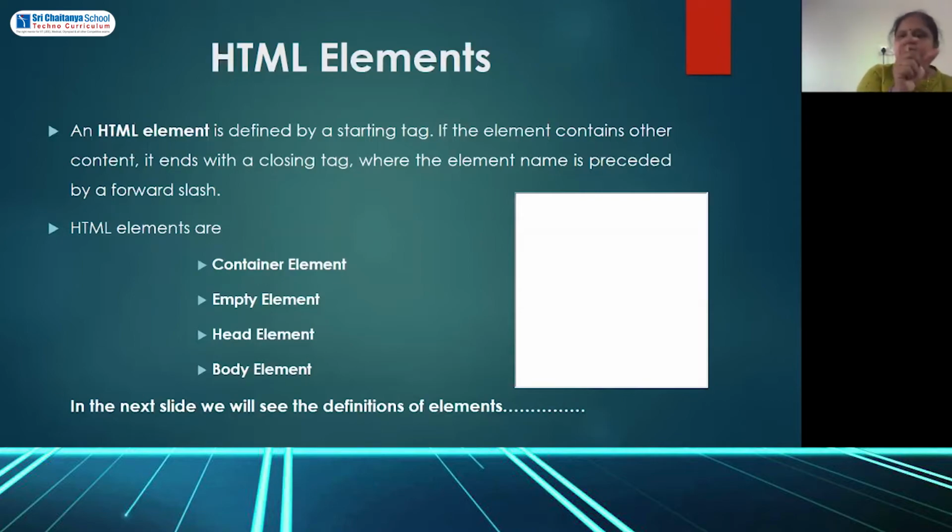It means the title has some information which should be displayed within it. So those elements will also have closing tags, where the element name is preceded by a forward slash, meaning it gets over by a forward slash, which you have observed how I used in the previous slide.